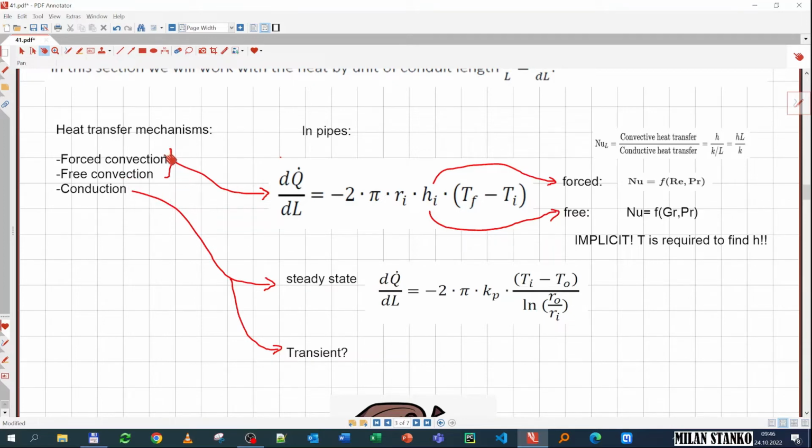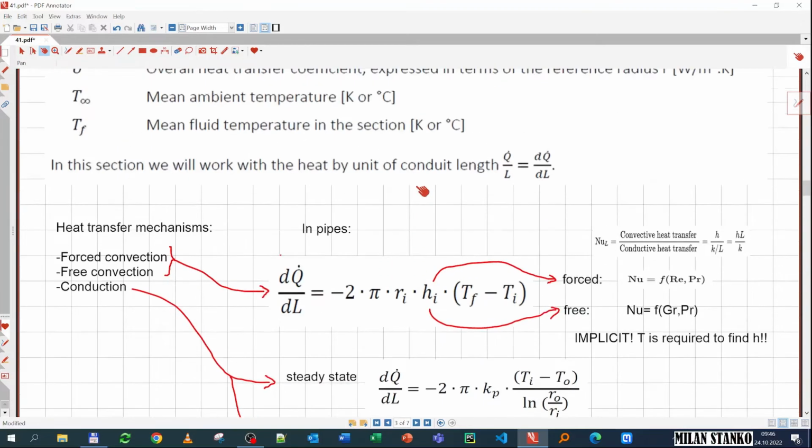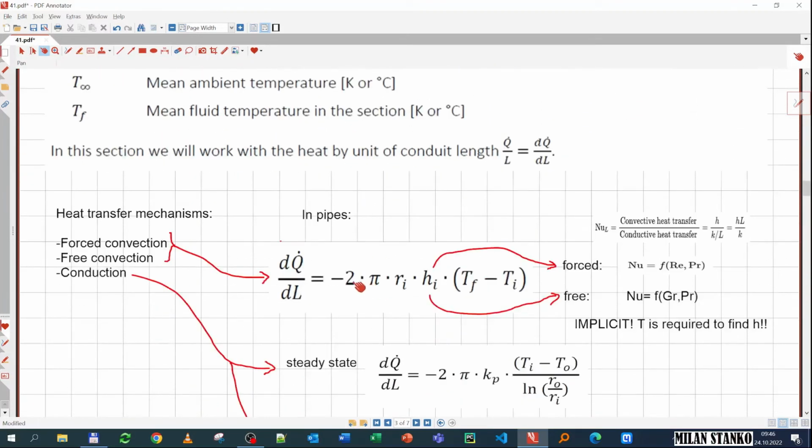The good thing is that these two mechanisms can be expressed with the same equation, which is similar to the equation we presented here: the perimeter, the difference in temperature, and then the H, which is the convection heat transfer coefficient. This will be different if I have forced or natural, free convection.